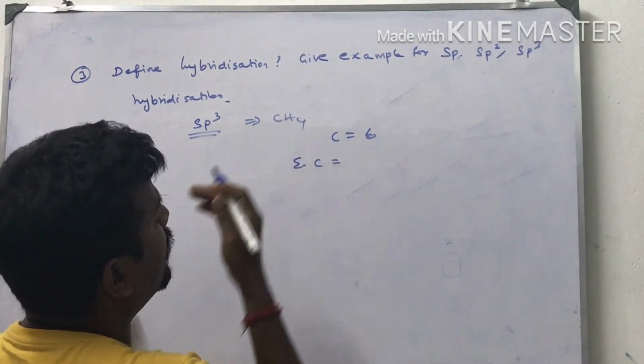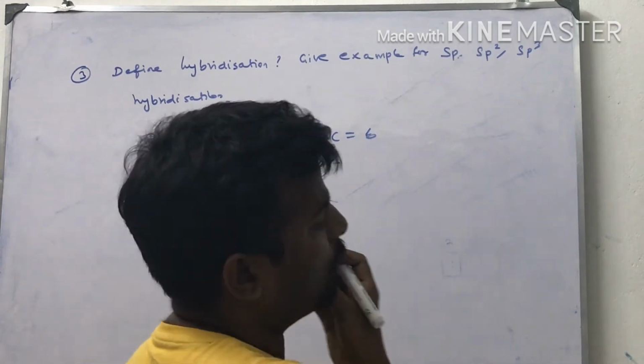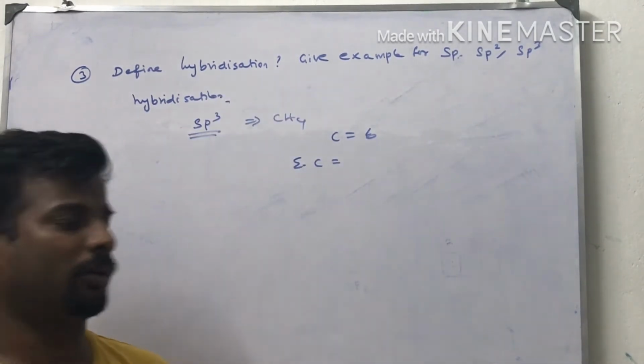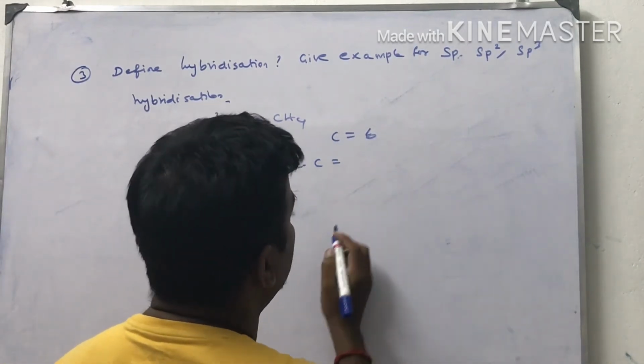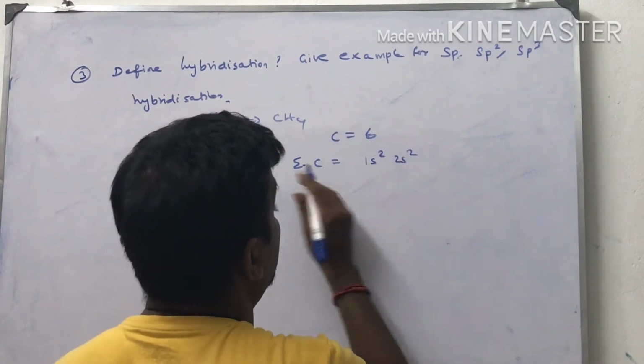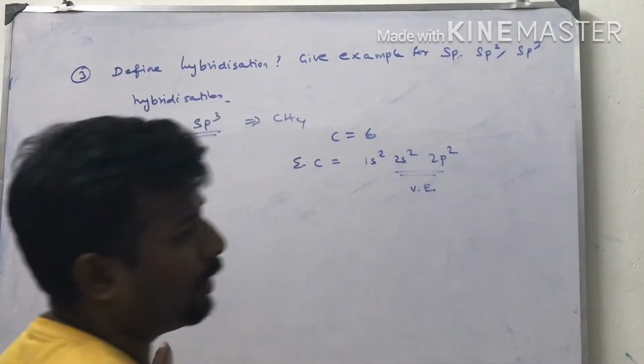Carbon is less electronegative than hydrogen: carbon electronegativity is 2.5 and hydrogen is 2.1. Electronic configuration is 1s2, 2s2, 2p2. Valence electrons are 2s2 and 2p2.